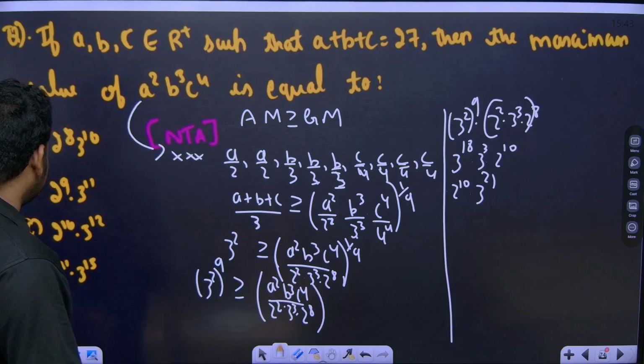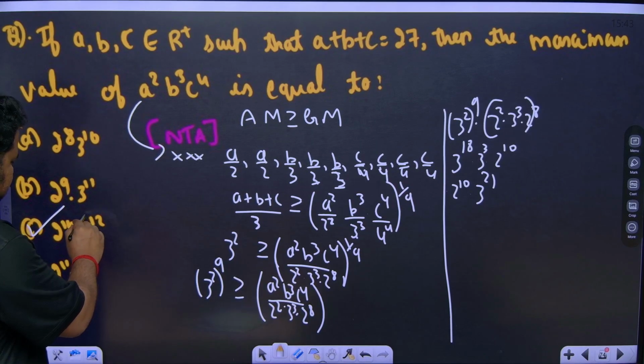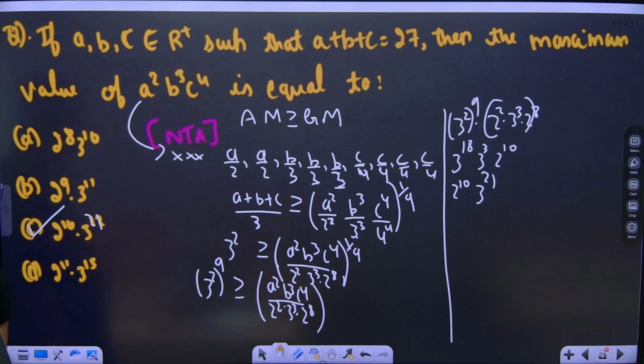Okay, the answer to this is this one. It should not be 12, this should be 21. That's it. Understood? That's it, is the answer. See, 4 can be written as 2 power 2. 2 power 2 to the power of 4 is 2 power 8.